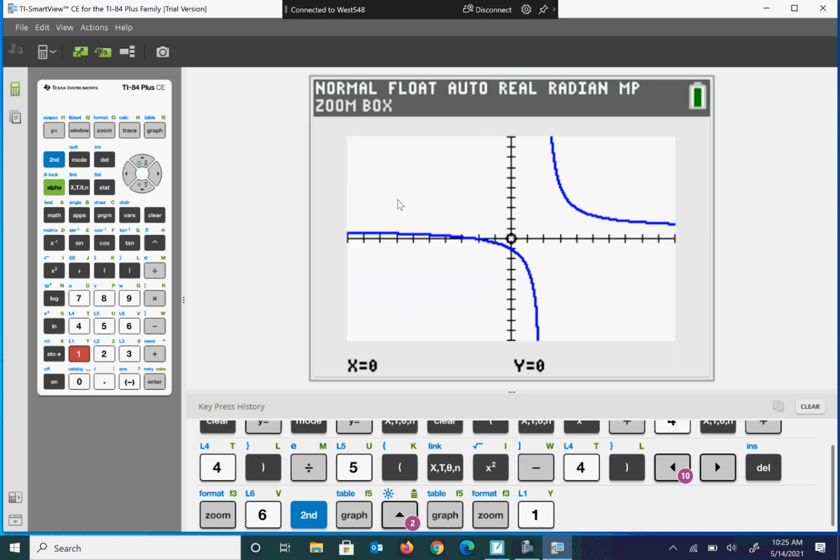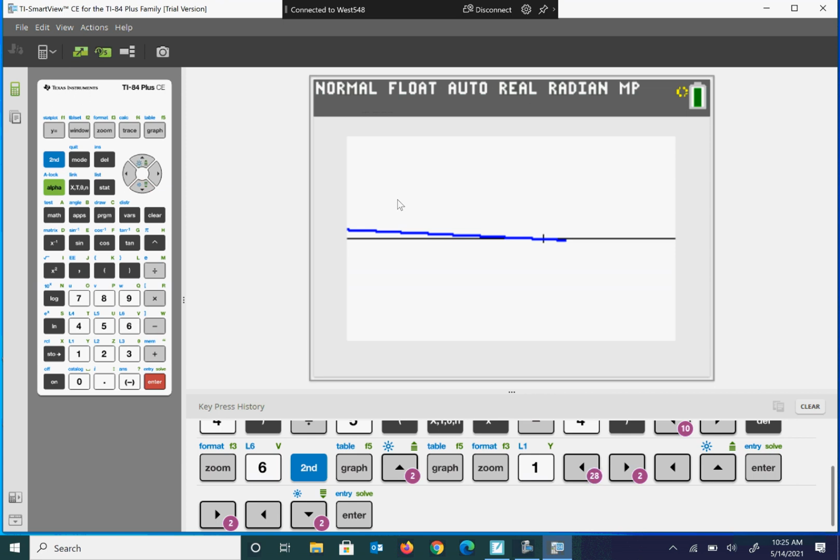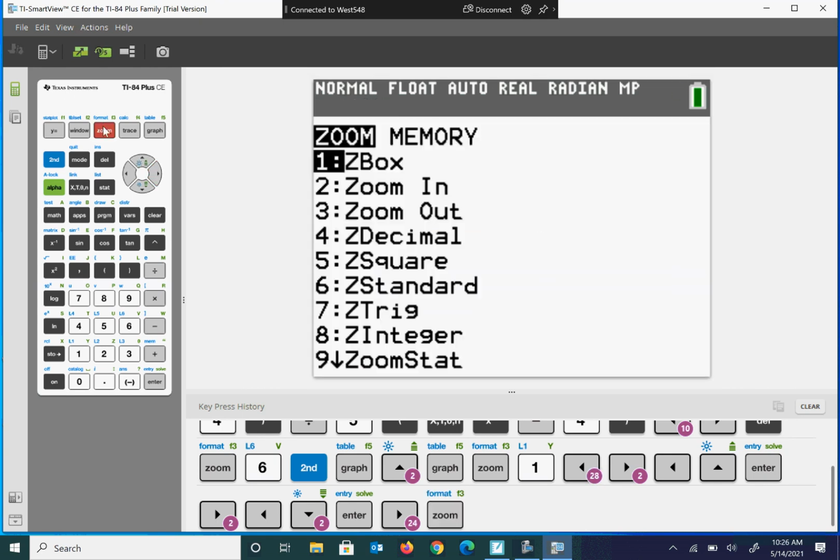But let's ZBox it. Okay, so at this -2, I'm going to put my cursor right here, and then we're going to zoom in, and this should happen eventually.